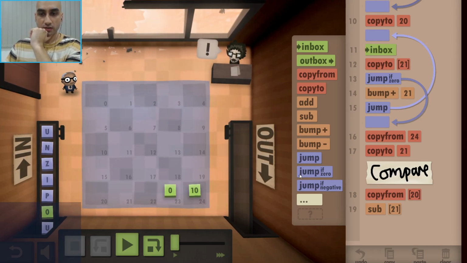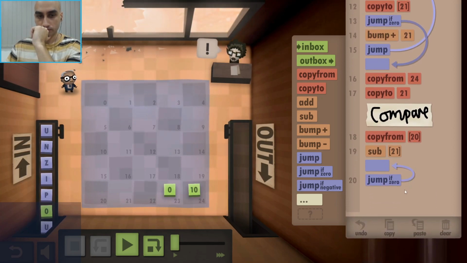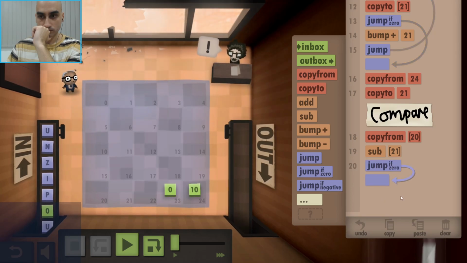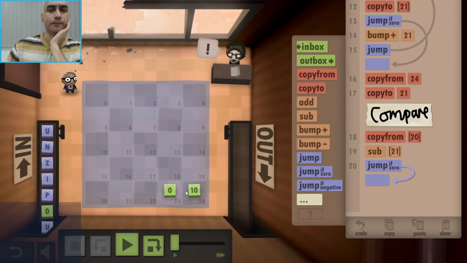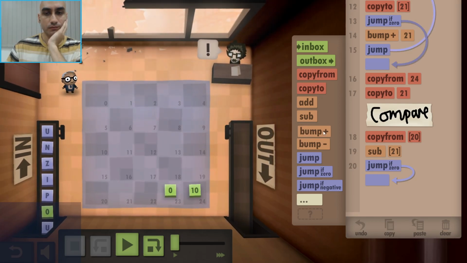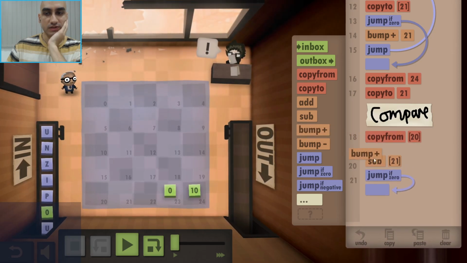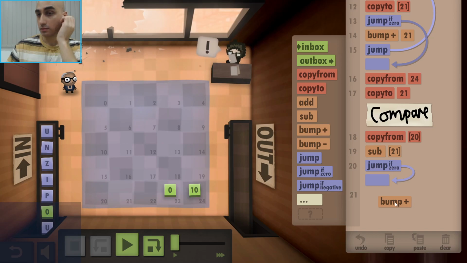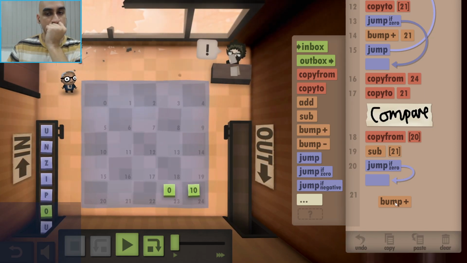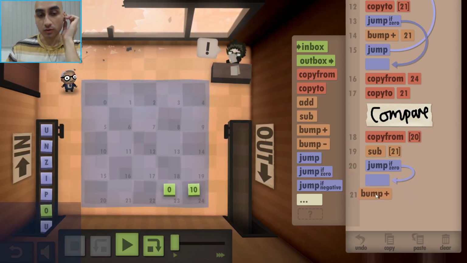If we are 0, then we have to bump. If they're equal, we have to go to the next letter.